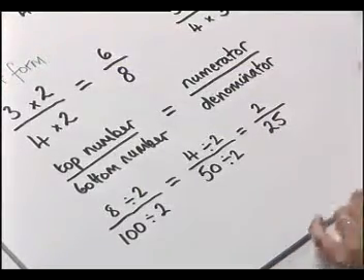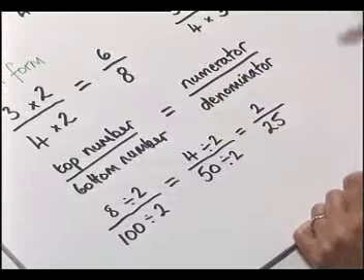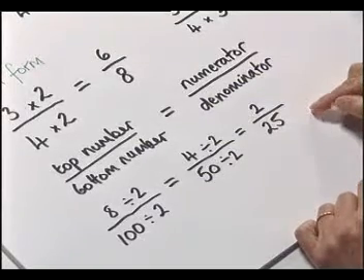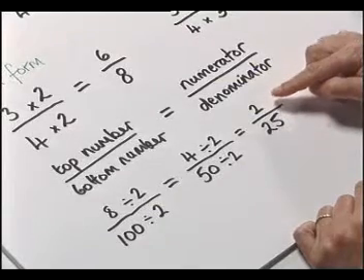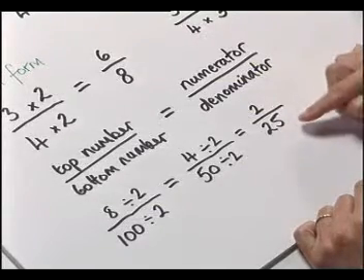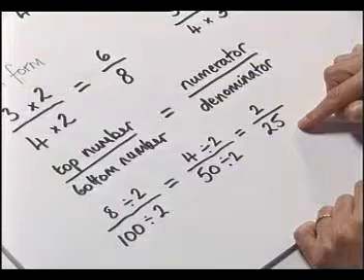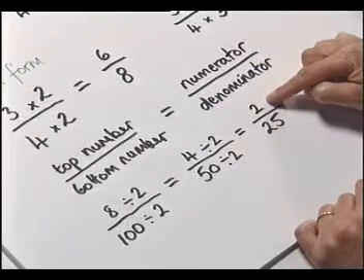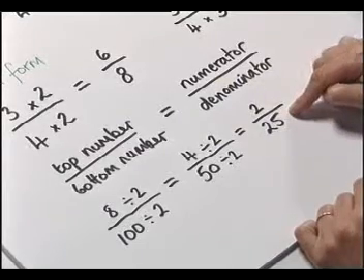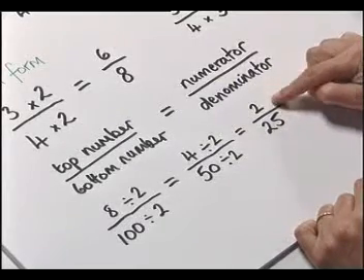So another equivalent fraction, but is it in its lowest form? Well, we need to see if there is any number that goes both into the numerator and the denominator. Well, the only numbers that go into 2 are 1, which goes into all numbers, so that's not going to help us, and 2.